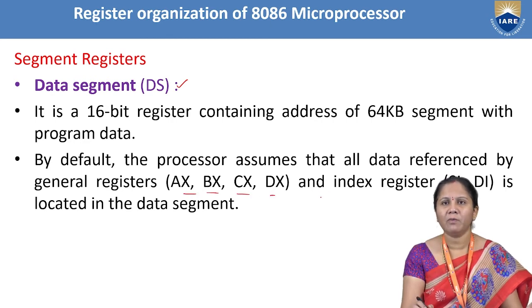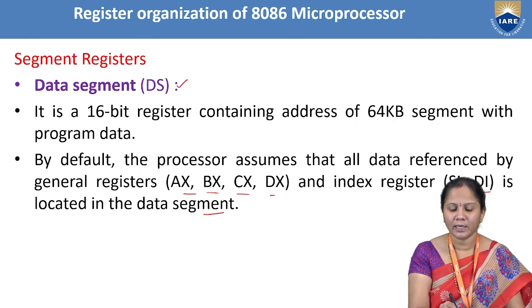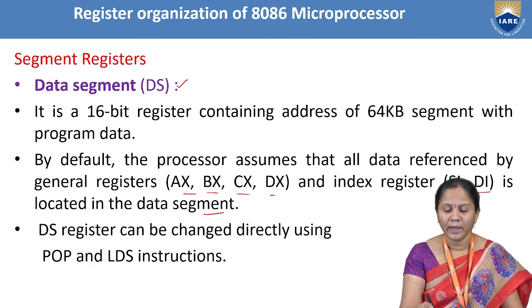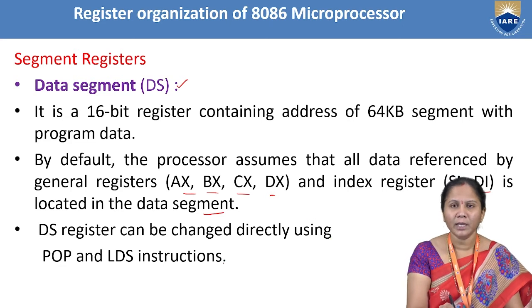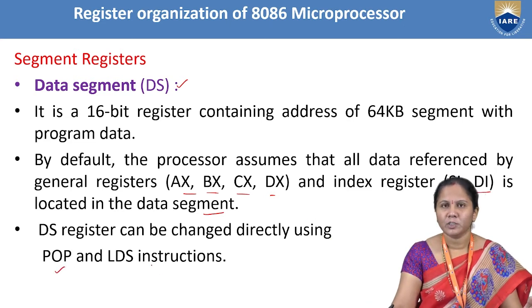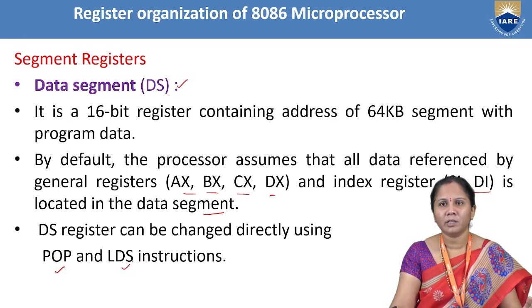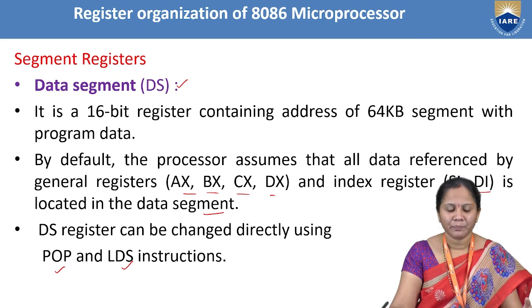That means whatever inputs we give in the program and the variables we consider in the program will be stored in the data segment. The contents of registers like AX, BX, CX, DX, and also the index registers like SI and DI, all this information will be stored in the data segment. Simply put, the variables or operands will be stored in this data segment and extra segment.